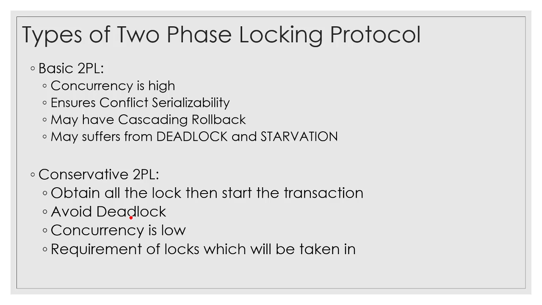It avoids deadlock because it acquires all the locks on the data items, so no other transaction can be interleaved until we have started unlocking them. But it suffers from a low level of concurrency, and the problem is that the locks required must be known beforehand, which may be a problem in real life.